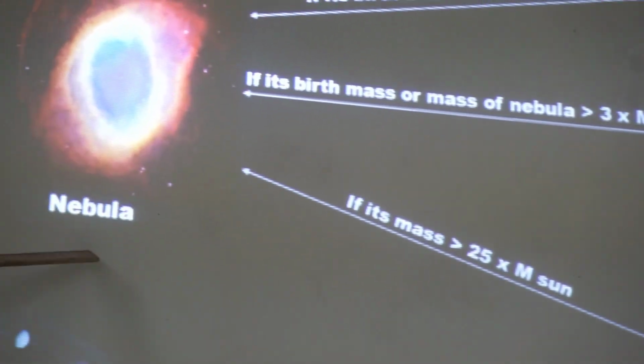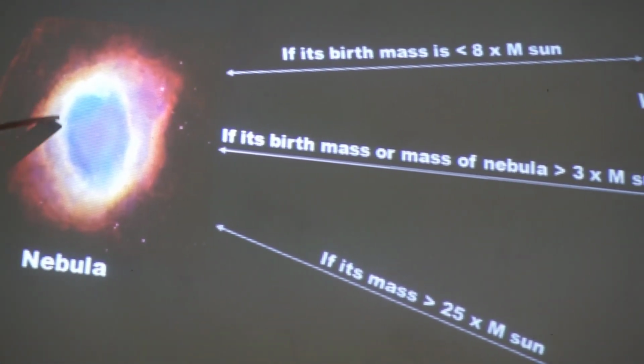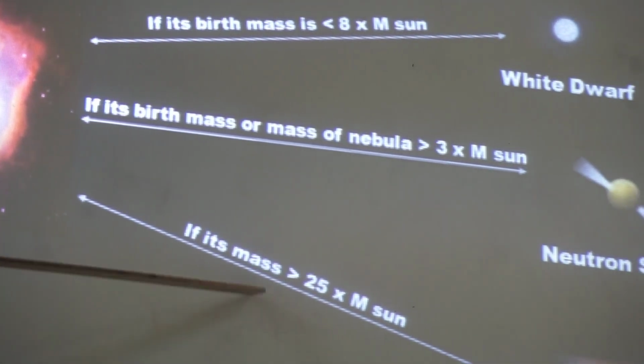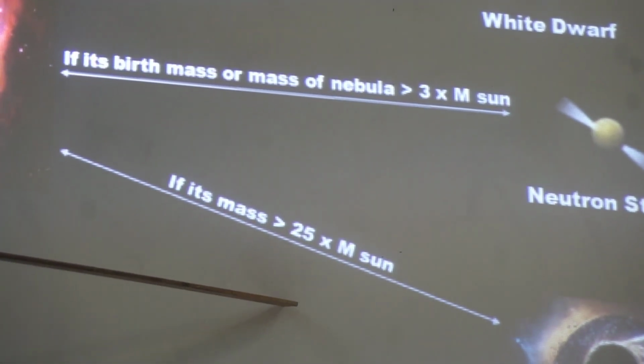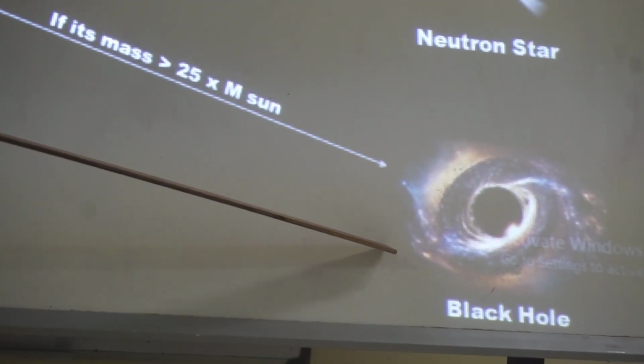And if the mass of the nebula or embryo star or protostar is greater than 25 times the mass of our sun, then it changes into a black hole.